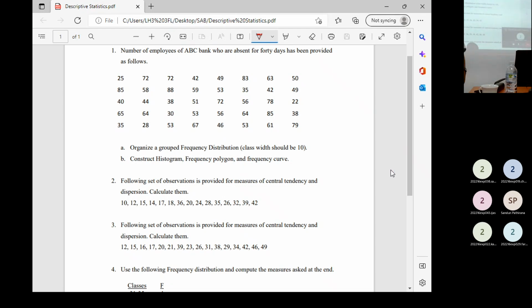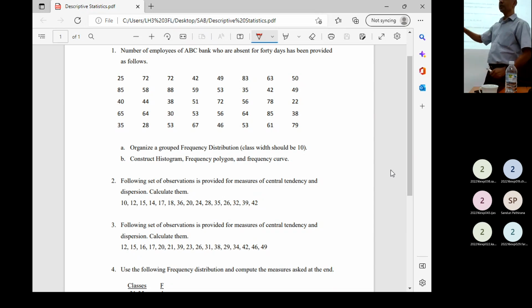Third one, cumulative frequency distribution. So we want to organize this.